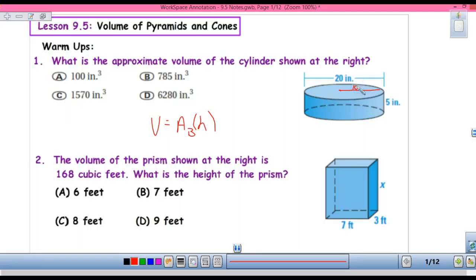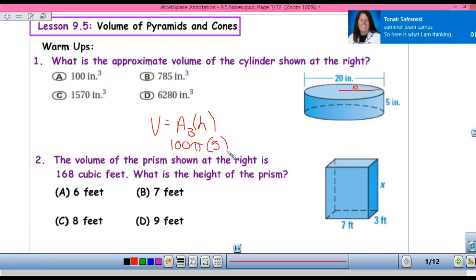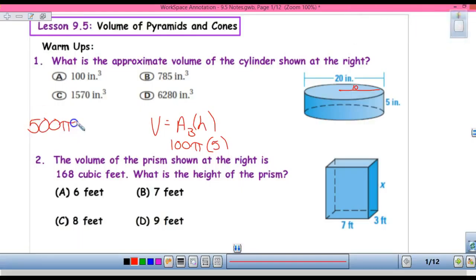So my area is 100 pi times 5 gives us 500. We're just going to leave that as 500 pi inches cubed. I know on your quiz yesterday you multiplied that out and you shouldn't be. We've talked extensively about leaving that as pi.